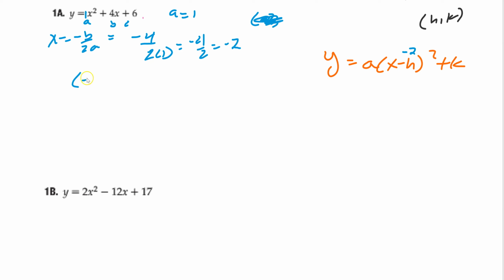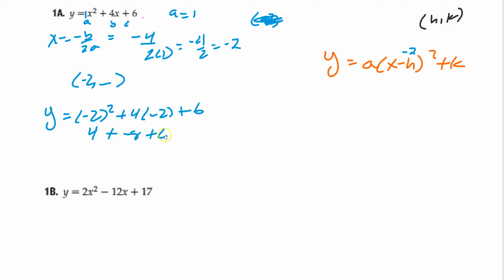So my vertex x value right now is negative 2, and I want to find the y value, so I'm just going to plug that into the equation. So y equals negative 2 squared plus 4 times negative 2 plus 6. This is 4 plus negative 8 plus 6. 10 minus 8 is 2. So negative 2 and 2 is my vertex. So this is my h and k.